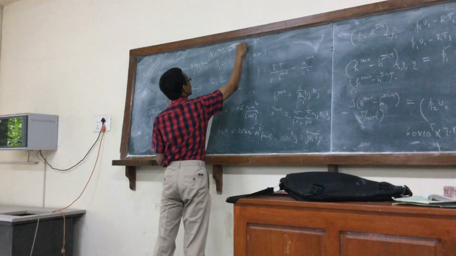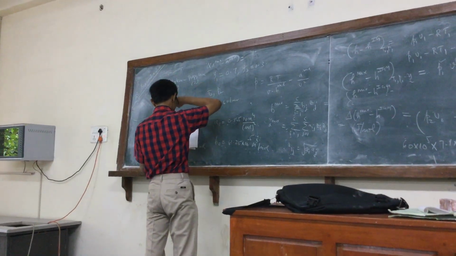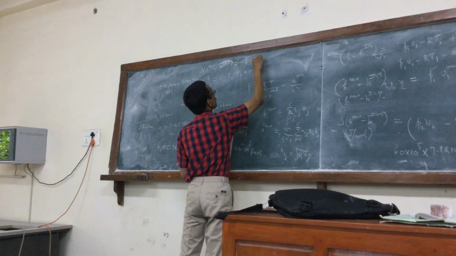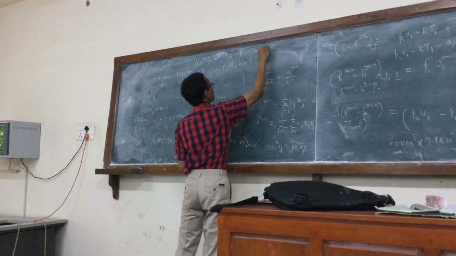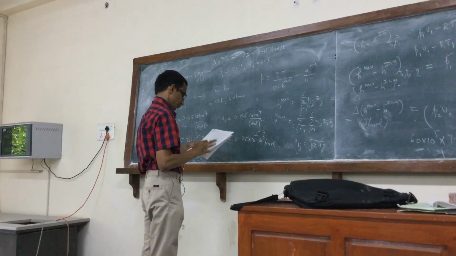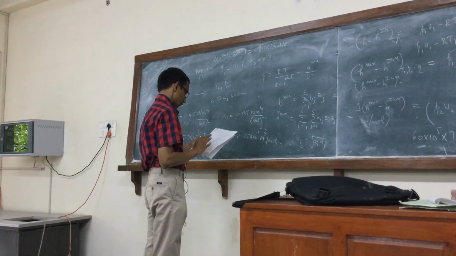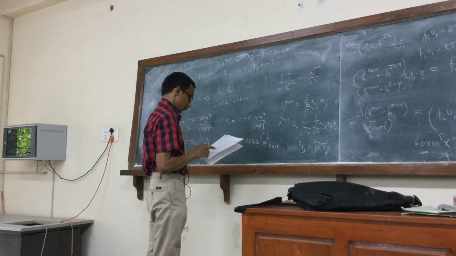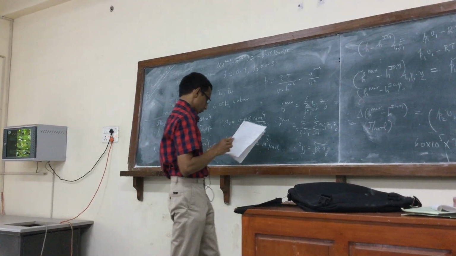So I will leave it as an exercise for you to do. So the minus 0.45. Here it seems to be only joule per mole. I have to verify that. But anyway, I think it's only joule per mole.